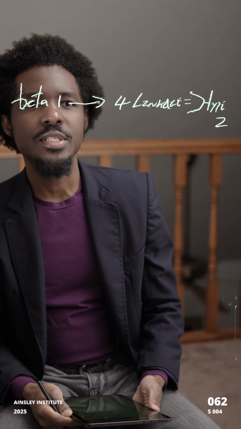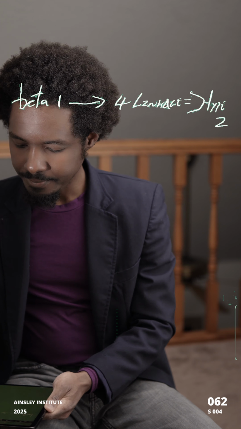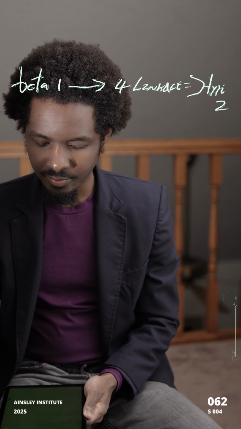All right, so the ABH antigens on the red blood cell are constructed on oligosaccharide chains of the type 2 precursor substance.